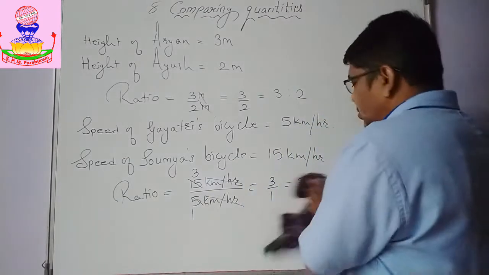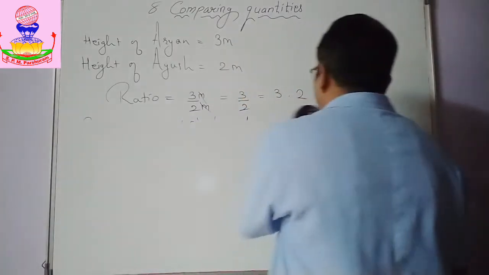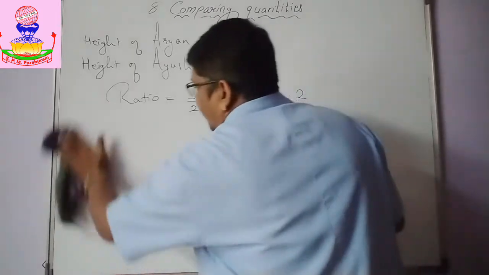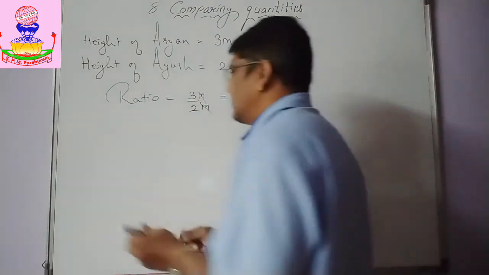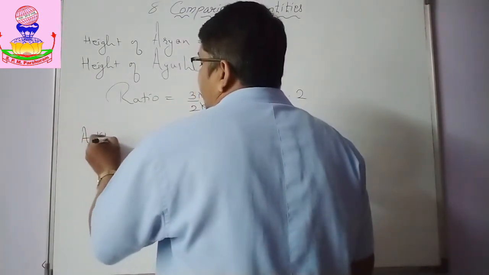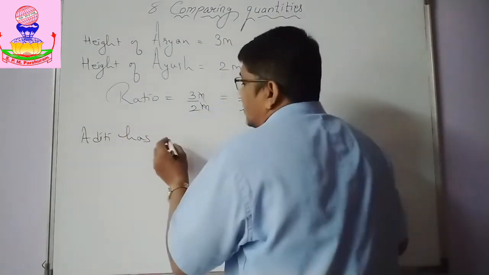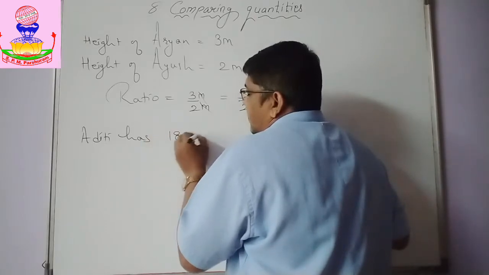Okay. Now, this was related to the speed. Suppose if I come to marbles. Aditi has 18 marbles.